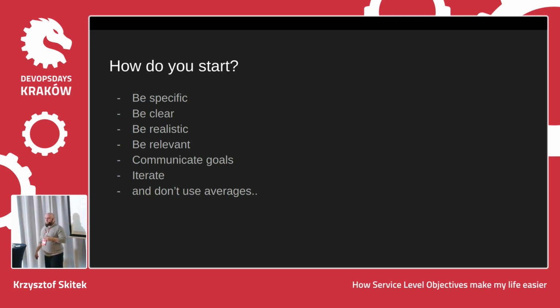You should always communicate those goals with your stakeholders, and you should agree on those goals with your stakeholders, and only then you can come back to them and discuss what do we do next.